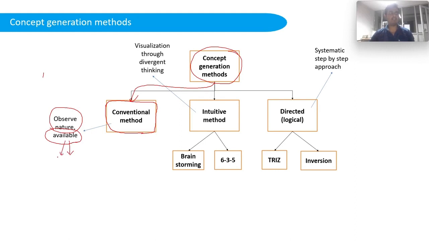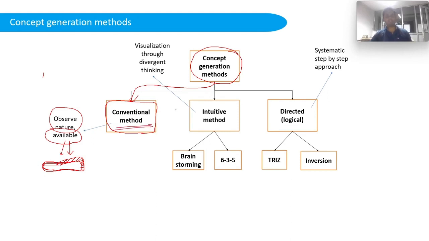If you see a person trying to create a bicycle seat for a long journey, probably he will modify his seat with some foam, or he may come up with new ideas also. But in terms of ideas it will not be much, because he does not use extensive concept generation techniques where a lot of ideas could be generated. Those techniques we call conventional methods.